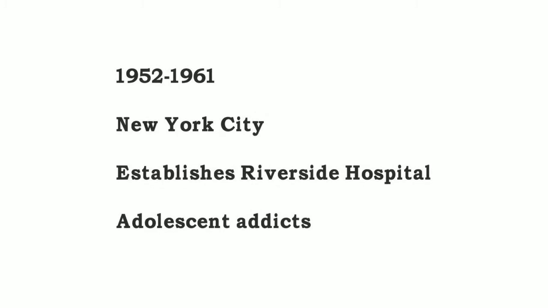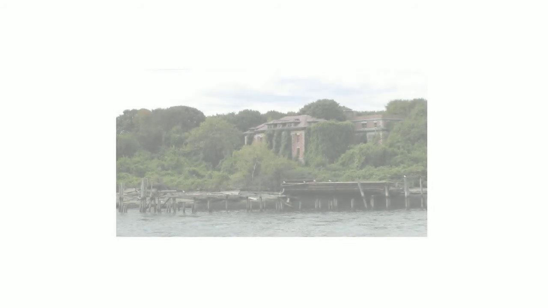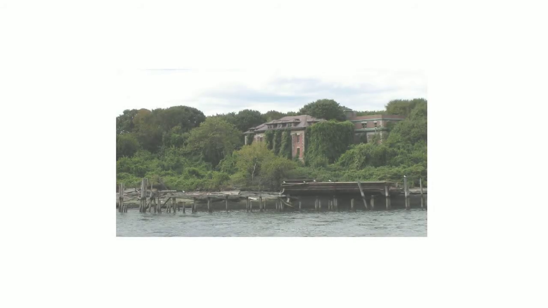So New York City in 1952 established Riverside Hospital. It was based on the narcotics farms of the 40s, and it was fairly largely unsuccessful because again it relied on abstinence, not on harm reduction. So when the patients were released from the facility, they often relapsed.